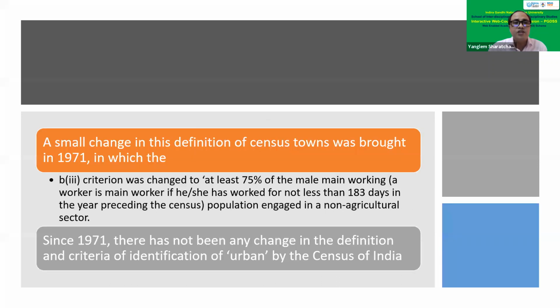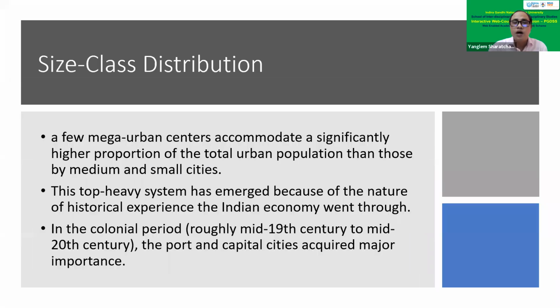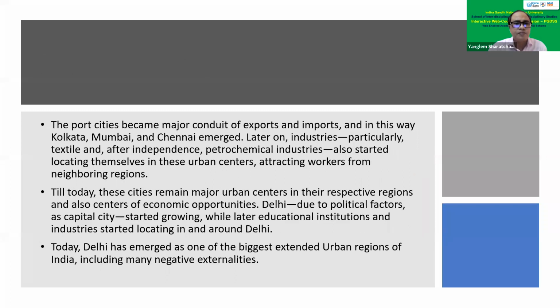This third category was changed in 1971, right? Here, 75% of the male main workers, a main worker being one who works 183 days. So from 1971 onward, as of now, there is not much change in the definition and classification of urban area, right?